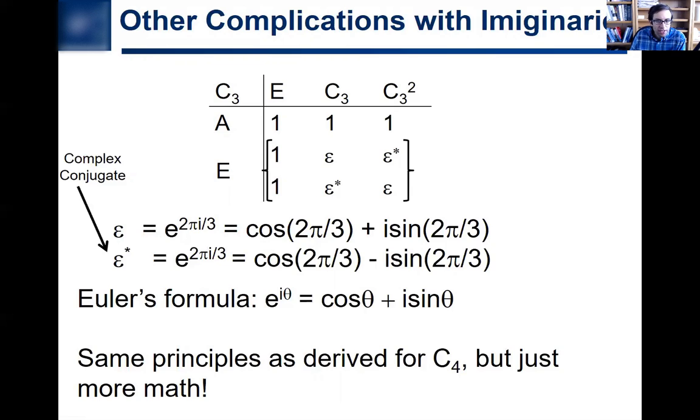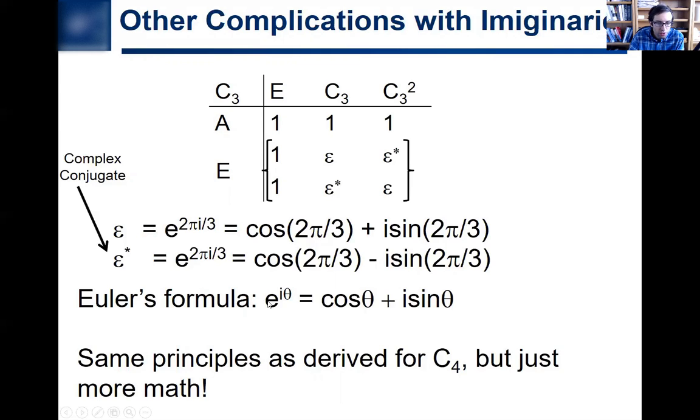That's when you take a complex number and you make the imaginary component the negative. And so you have to use Euler's formula. You may have learned this hopefully in some math class. Again, this is all details you don't really need to know. I'm just trying to share with you where all this comes from, and how all the math and all the rules work out, even with these crazy imaginary numbers.